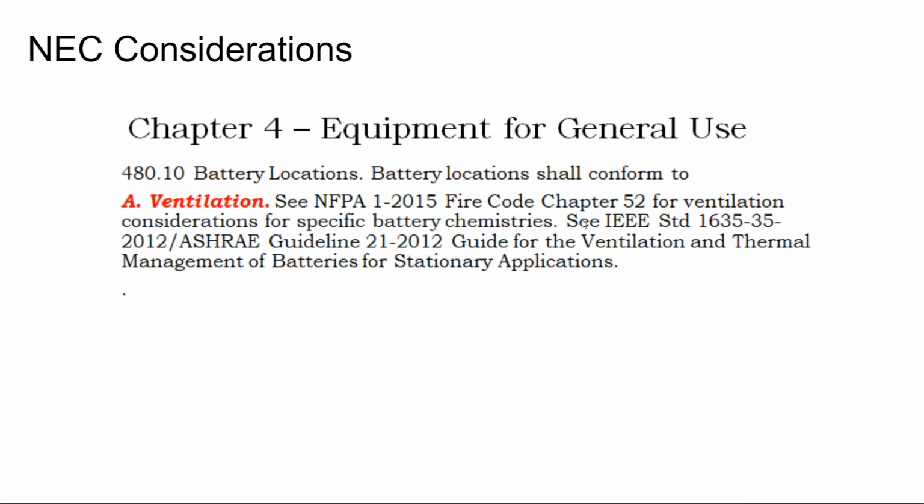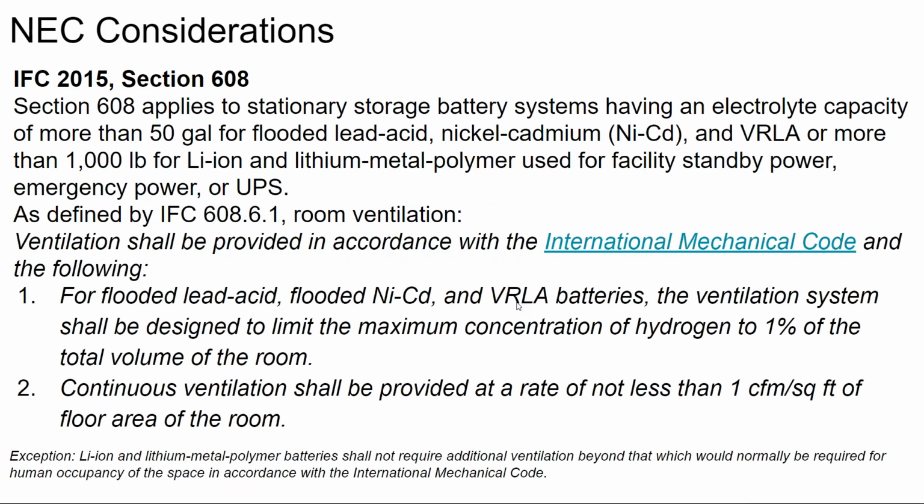And there are actually two different definitions between the International Residential Code and the International Fire Code. The main difference is that in the International Fire Code, the ventilation of these unsealed flooded lead acid batteries has to be continuous ventilation, like a computer fan inside your computer.